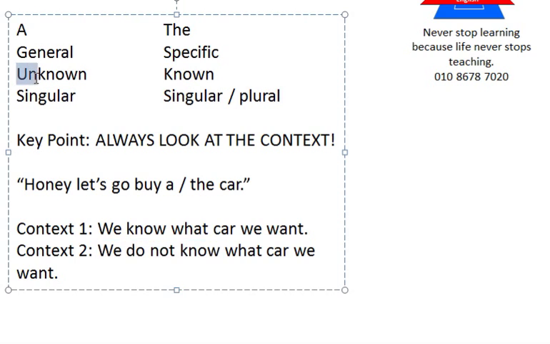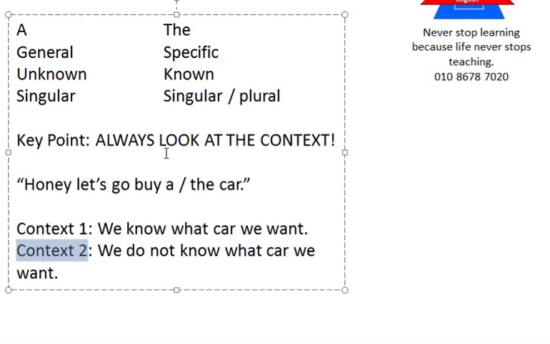There are things that are unknown because we do not know what car we're going to buy. So therefore, we would say, honey, let's go buy a car for context number 2.